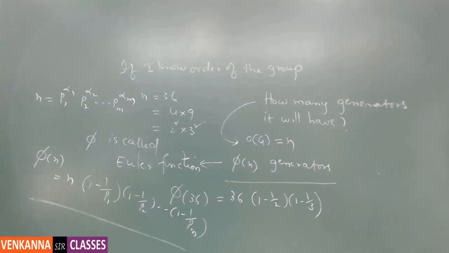To calculate the phi value, we use this formula, and phi is called the Euler function. So can you say what is the value of phi of 36 there, by simplifying that value?